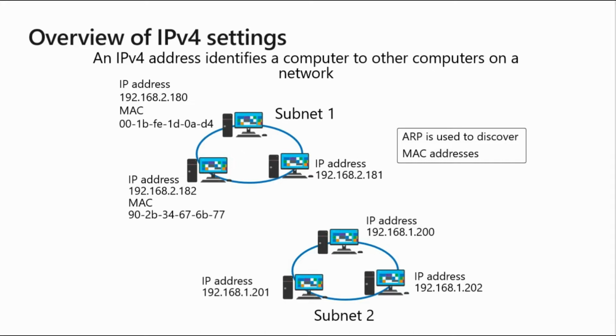But an IP address has another thing called a subnet. Now we have subnet 1. Under this subnet 1, we have 192.168.2.180. This is one IP. 181 is another IP, 182 is another IP. So you have different IP addresses. And this is another subnet: we have 1.200, 1.201, 1.202.